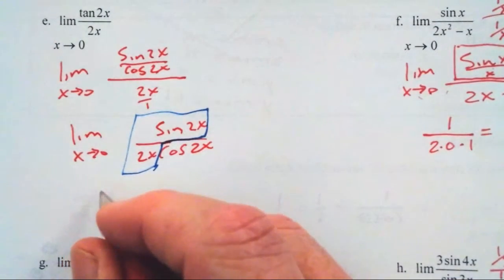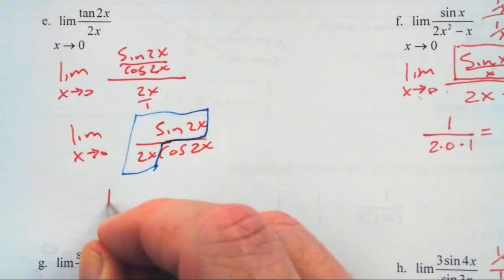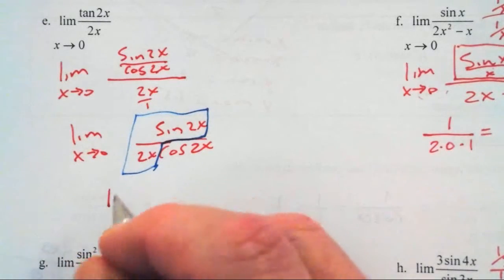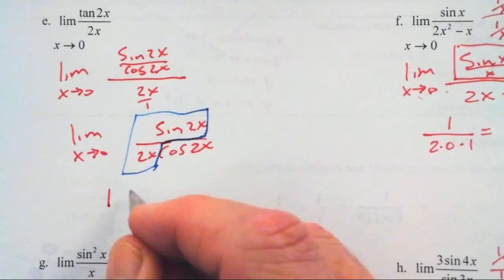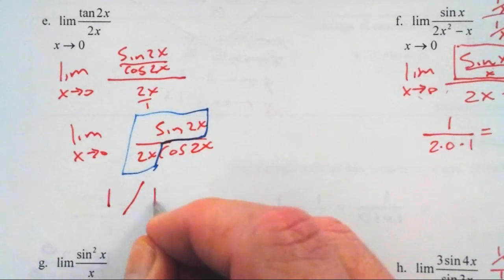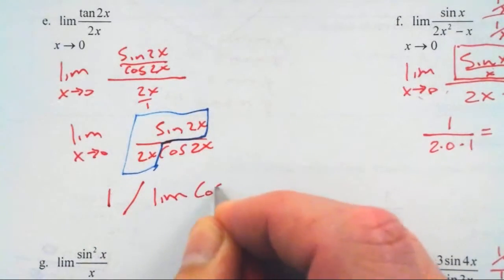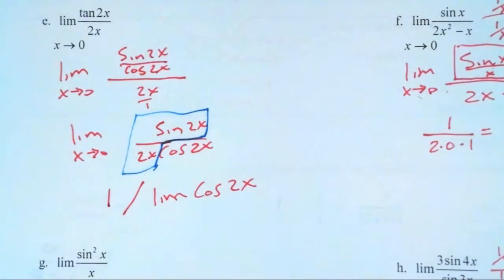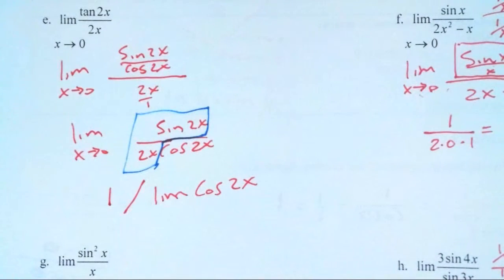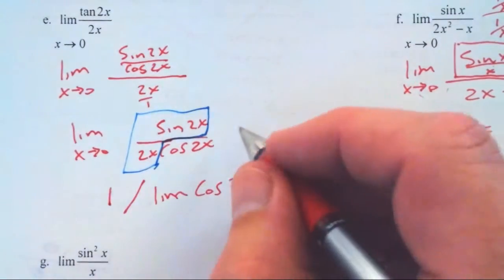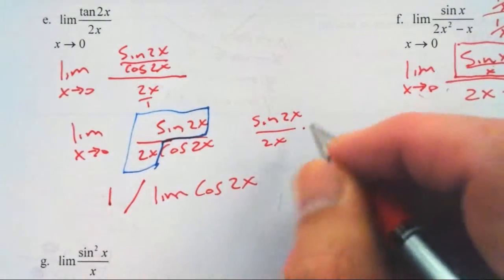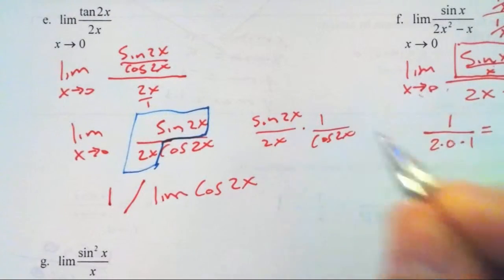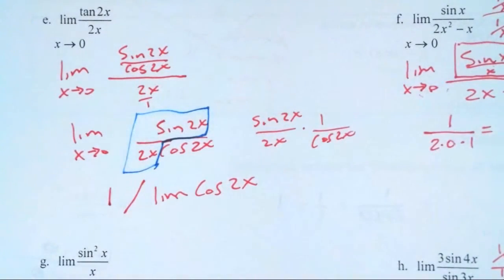So I've got the limit of that is 1, and then I just need divided by the limit of cosine of 2x. Is that clear? I mean, I could have treated this like sine of 2x on 2x times 1 on cosine of 2x. Could have treated it that way.